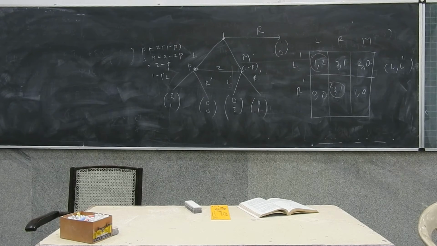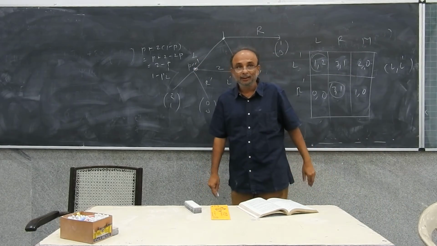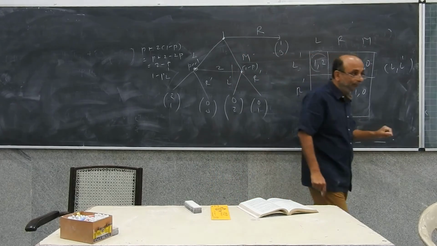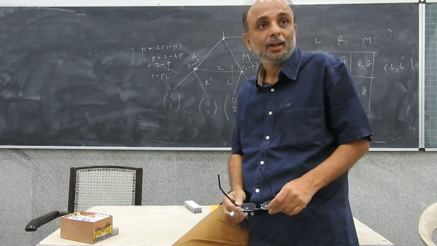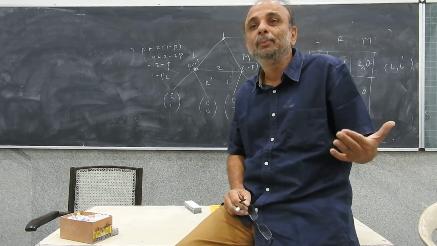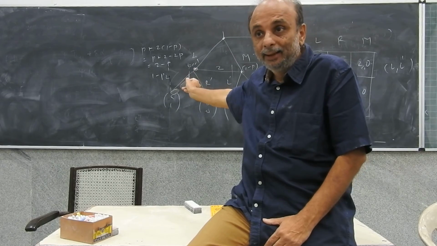So the correct belief for player 2 would be P is equal to 1. If you play 2, it will be sensible to argue that P is equal to 1, because player 1 would always play L. L dash is the only Nash equilibrium, and we just argued that player 1 would always play L. So a reasonable player 2 will know that he is going to be at that node.